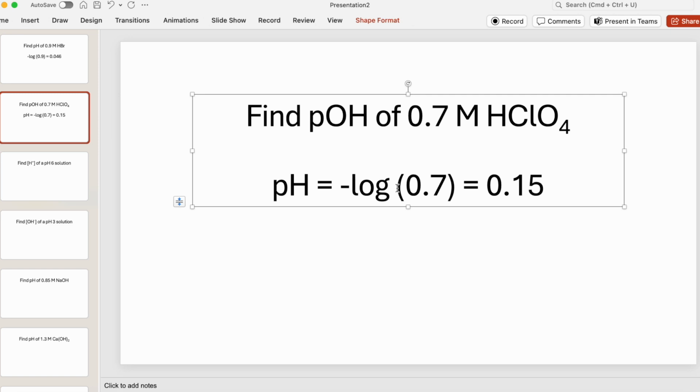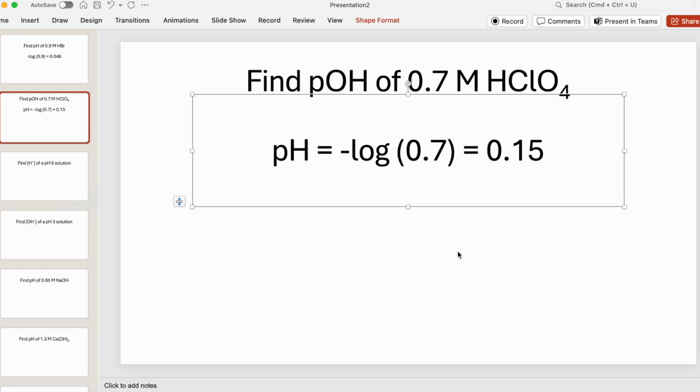However, this is not my pOH, right? To get pOH, I got to do 14 minus my answer on my calculator. I'm not going to round until the very end. So if I do 14 minus answer, I get 13.8.